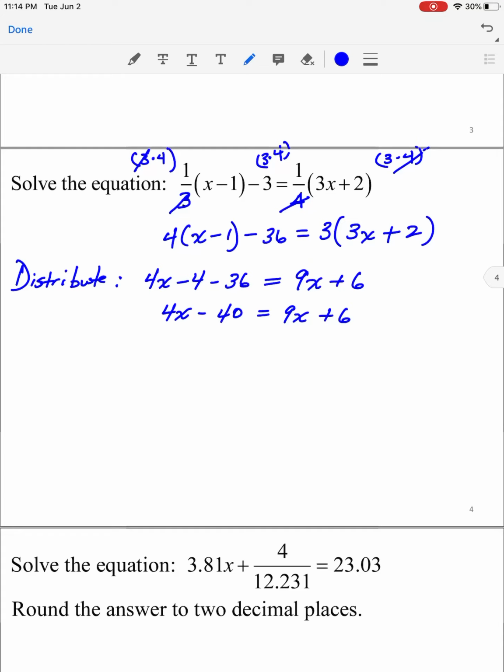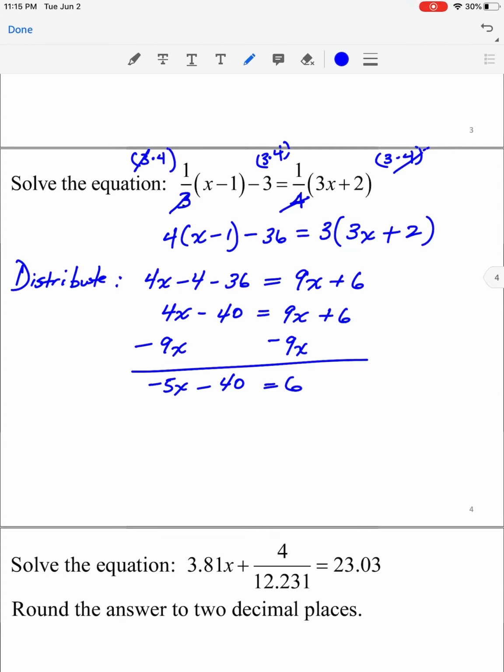Move the variables all on one side and the constants on the other. I like for my variables to be on the left, so I'm going to bring this 9x over. It's positive, so I undo a positive by subtracting. And that leaves me with negative 5x minus 40 equals 6.